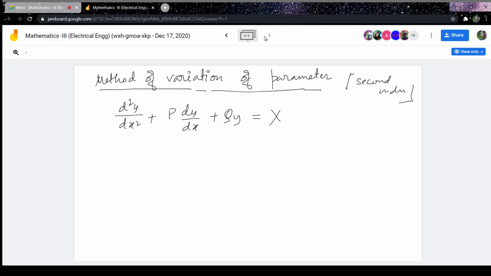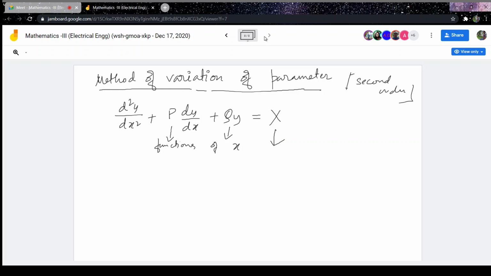Here we have already solved the equations with constant coefficients, but now I will say these p and q are not constants, they are functions of x.